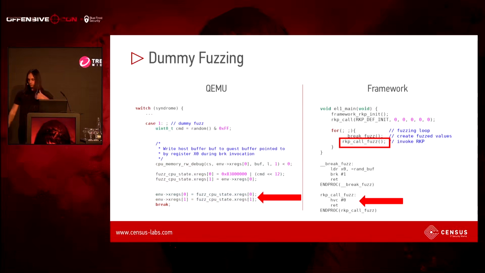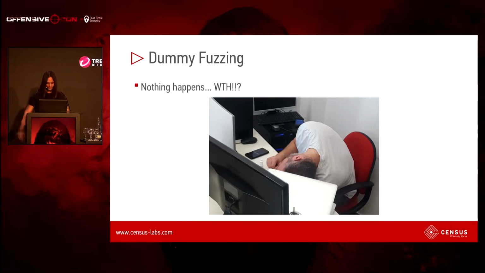So now we are ready to call RKP fuzz. Since QEMU makes sure to have the sync in set, for example, we have the command in X0 and the buffer in X1, we do not have to do further steps in the framework to sync the test case with the HVC invocations. So we now are ready to execute the fuzzer, and we do, and nothing happens.